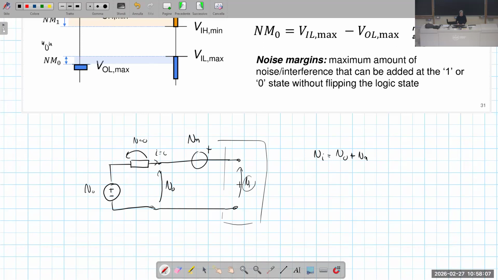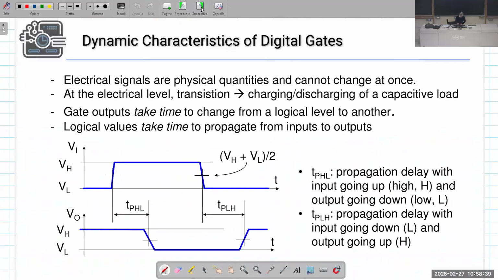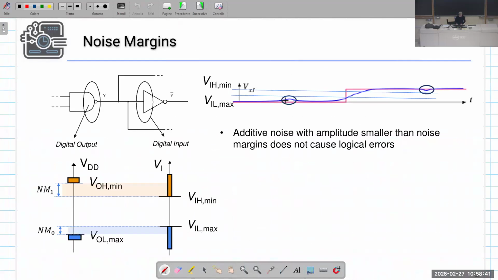This is Kirchhoff voltage law, no? The input voltage of the gate is equal to the output voltage of the first gate here, plus this noise; this voltage source here models and describes the noise which is added on the line. Even in this case, when we are at the high level, this is VOH plus Vnoise. Maybe it's even better to show the waveform.